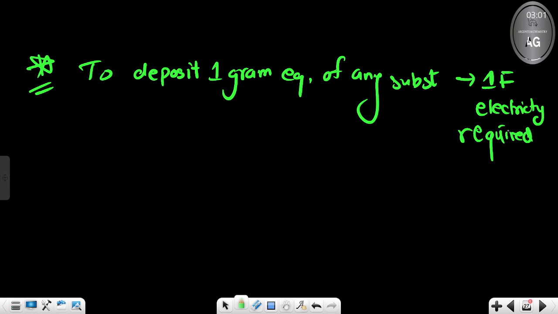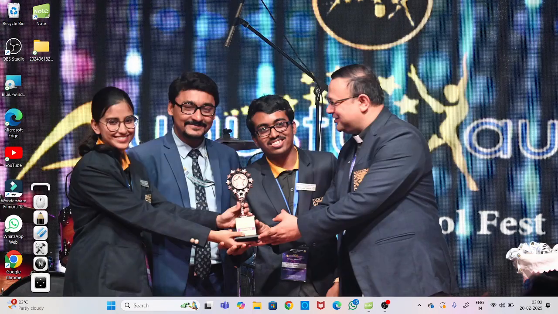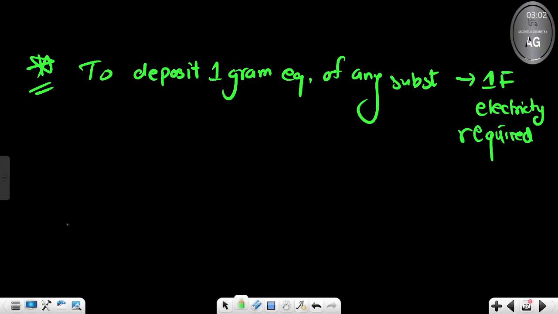Clear? To deposit 1 gram equivalent of any substance, the amount of current you will require is 1 Faraday. Any substance, not a particular one. For any substance, the amount of current required to deposit 1 gram equivalent will be 1 Faraday.